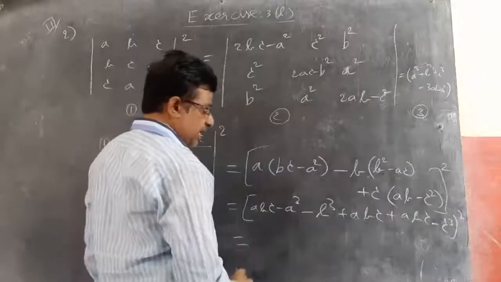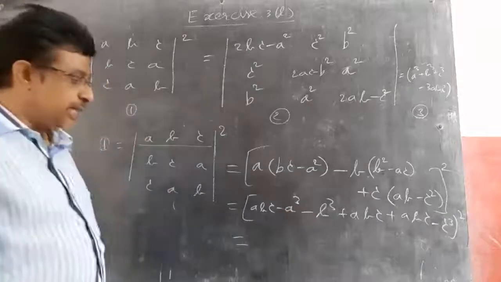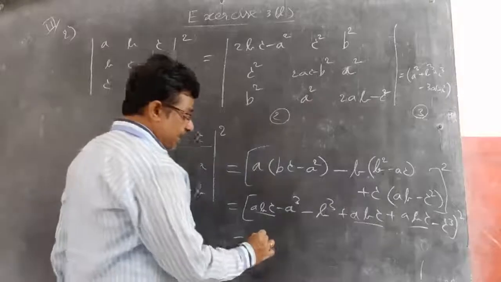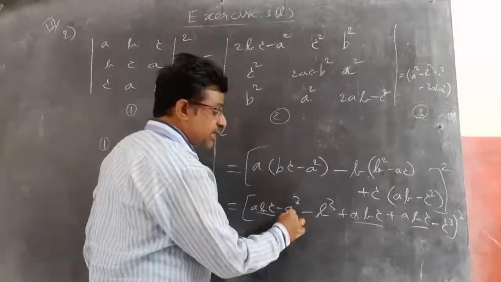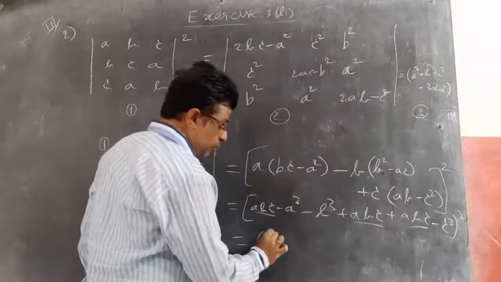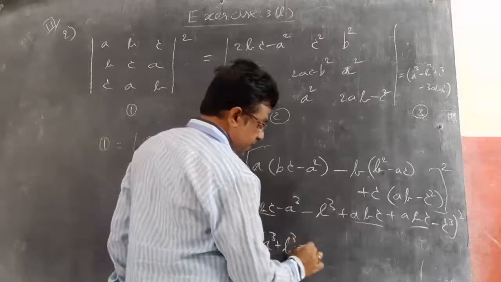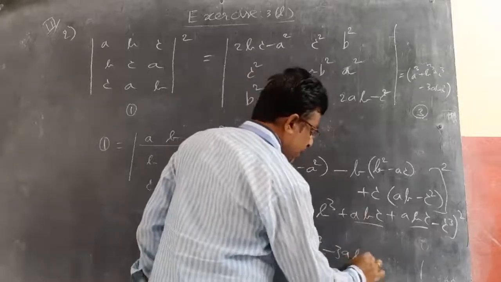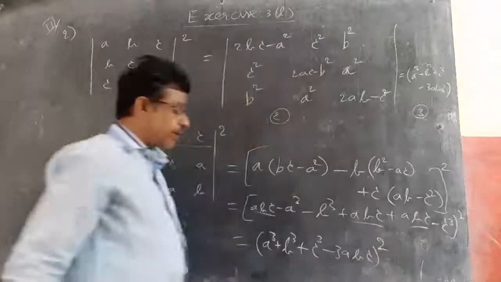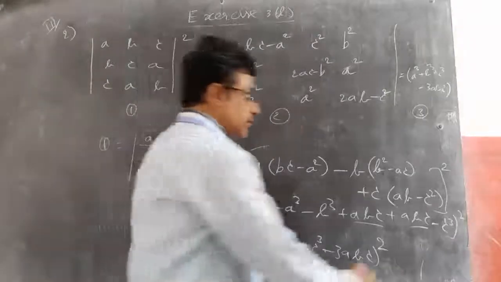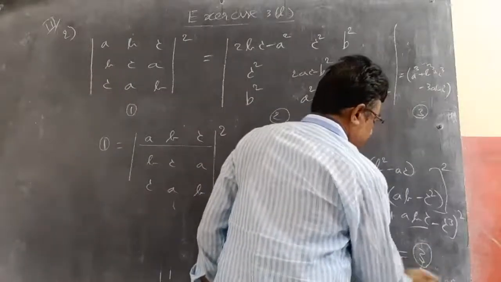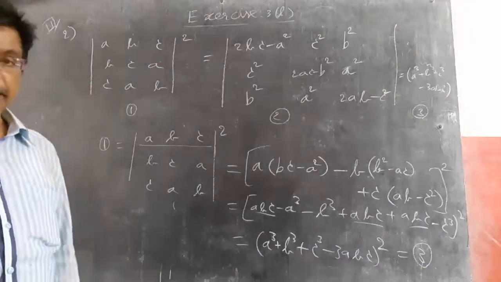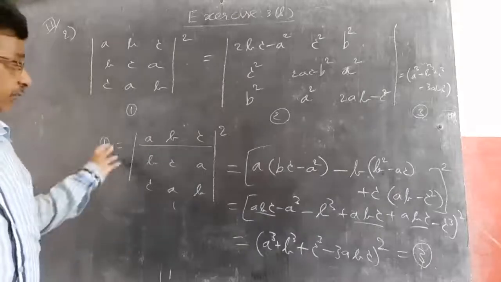Now if I take minus common, this becomes a cube plus b cube plus c cube minus 3abc. I am taking minus common, but minus whole square is plus only, so I am writing as this. So this is equal to the third part. First part equals third part, I got very easily by expanding the determinant with the first row.